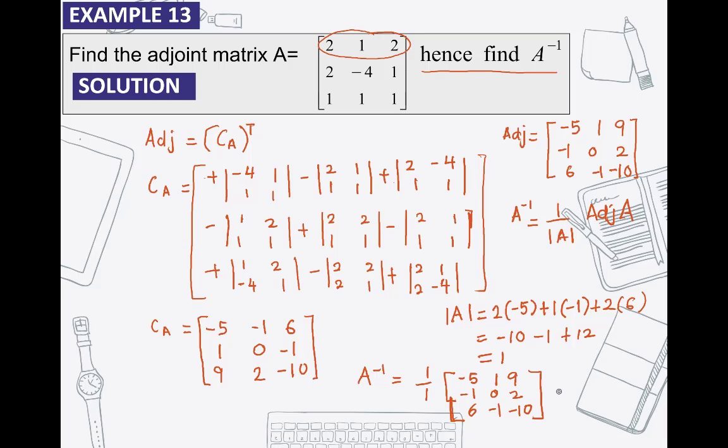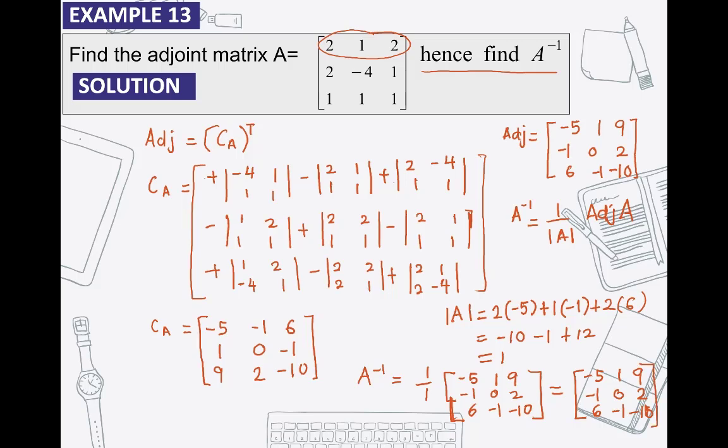We still haven't finished, so we have to write down our final answer. 1 multiply with this matrix will give us negative 5, 1, 9, negative 1, 0, 2, 6, negative 1, negative 10. So this is A inverse.